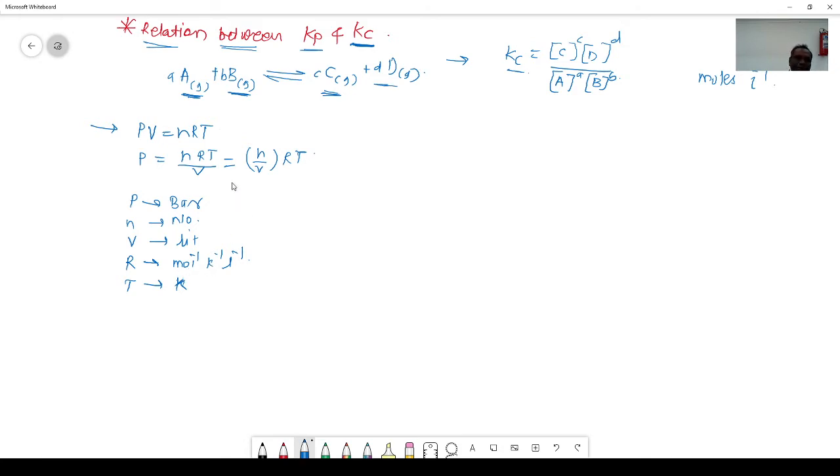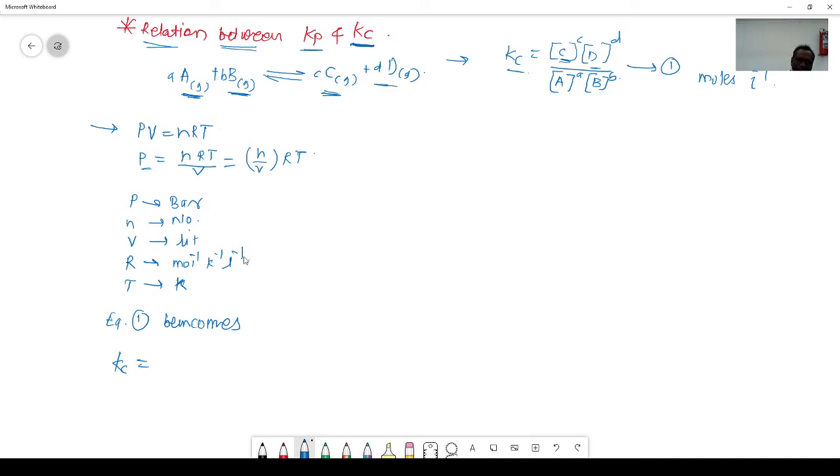Now if you substitute this value, that is n divided by V into RT, in the Kc equation, let's consider this as equation number 1. Then equation 1 becomes: Kc is equal to, instead of writing the concentration, we use the partial pressure of the reactant as well as product gas molecules.